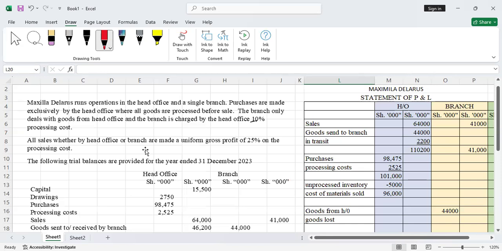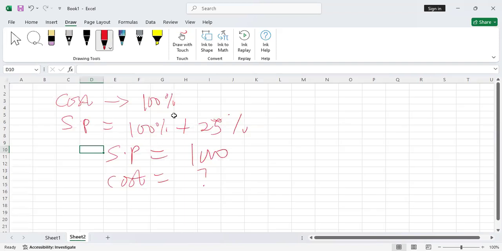All sales made by the head office or the branch are made at a uniform gross profit of 25% on the processing cost. And we come here and ask ourselves a very simple question. Let this processing cost be 100%. The selling price shall be 125%.